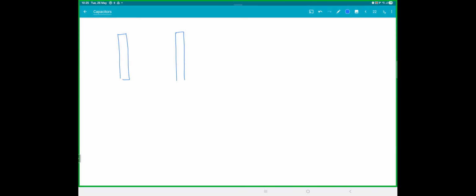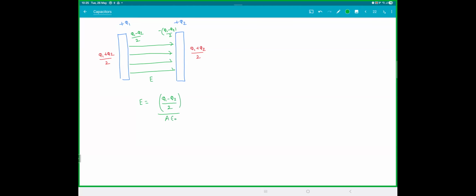When you took the two parallel plates, let these charges be Q1 and Q2. The charge distribution on the outside was (Q1 plus Q2) by 2. On the inner surfaces it was (Q1 minus Q2) by 2. Because of this, you get field lines here. This E was (Q1 minus Q2) by 2, that is the charge, by A epsilon.